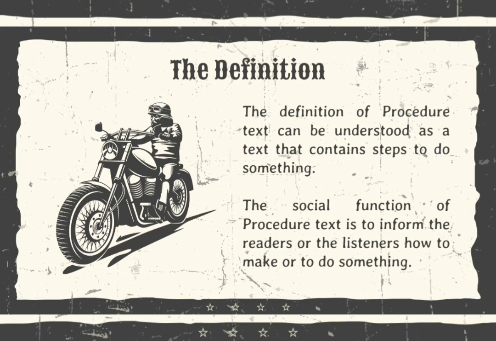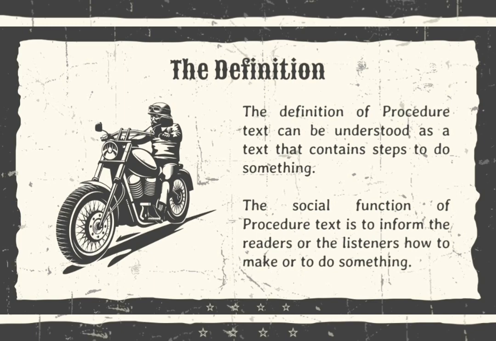In a food aspect, it might be in the form of a food recipe, and if you want to use something, it can be in the form of how to use something, how to operate something, and etc. Also, the social function of the procedure text is to inform the reader or the listeners on how to make or to do something in a specific and correct way.